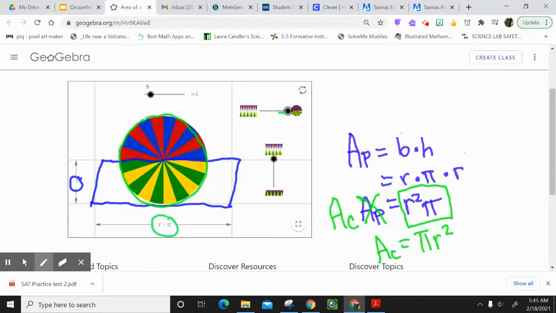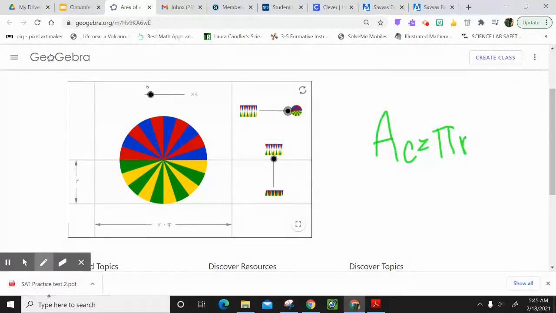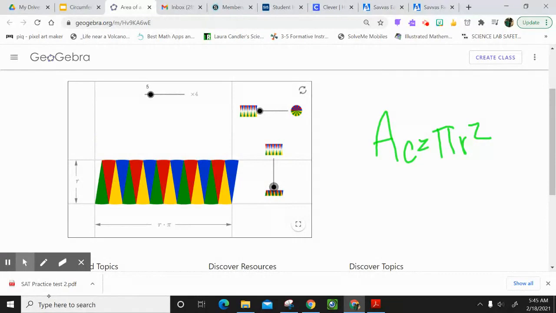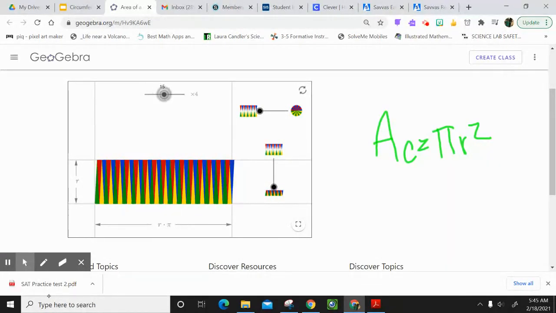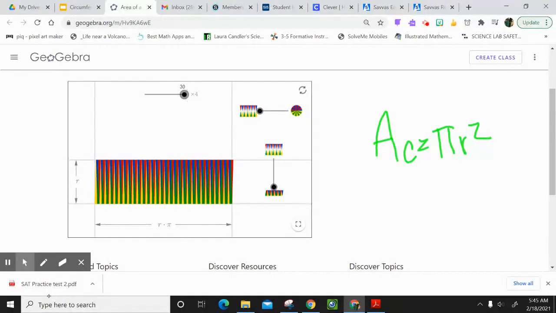I want to do something really quick. I'm going to erase everything and rewrite my area formula. Many of you may have noticed that when I expand this and put it together, it is very bumpy. Well, we can always increase the number of sections, and it gets closer and closer to an actual rectangle.